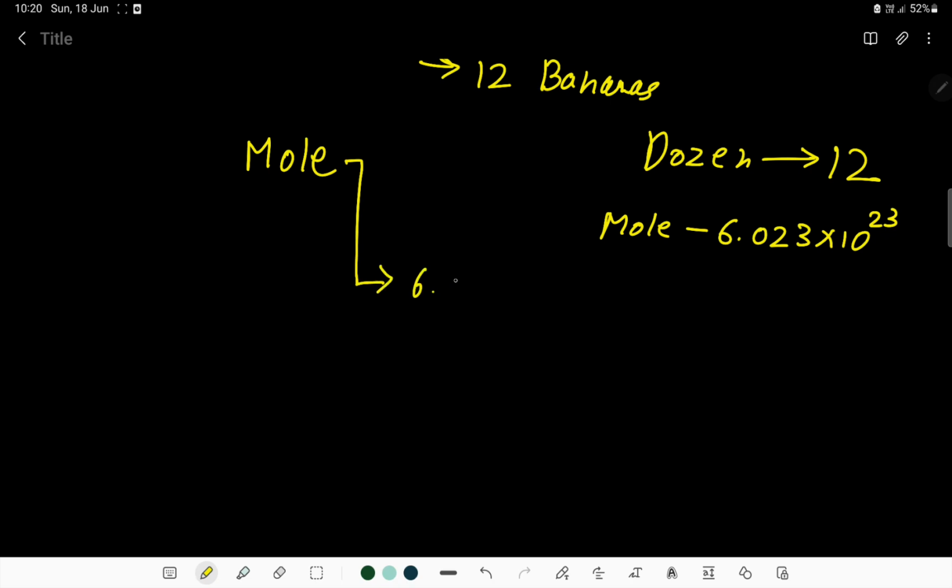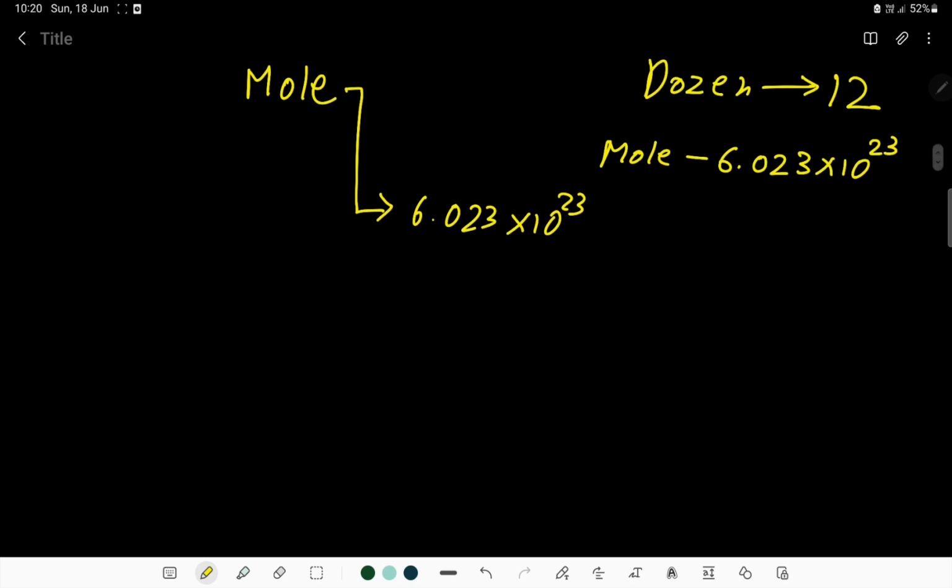So if I say that I have a mole of bananas, it means that I have 6.023 into 10 to the power 23 bananas. If I have a mole of pencils, it means that I have 6.023 into 10 to the power of 23 pencils. So that's very basically what a mole is.